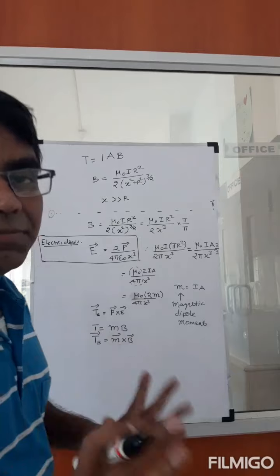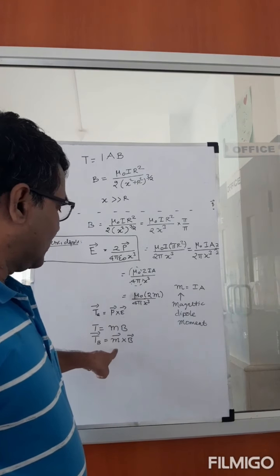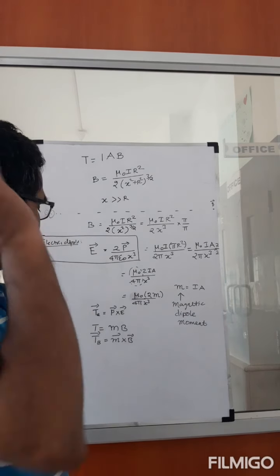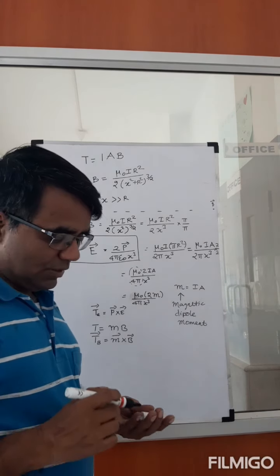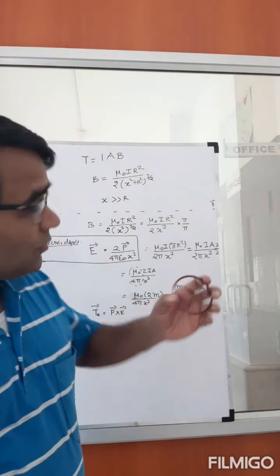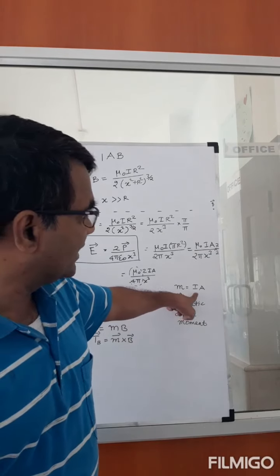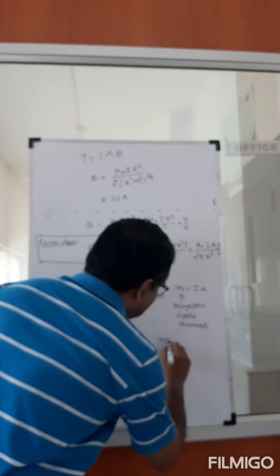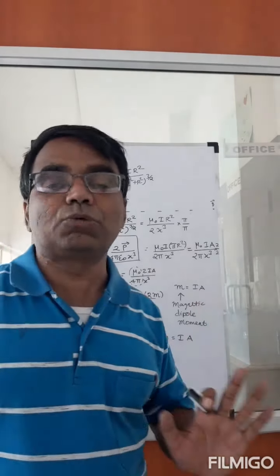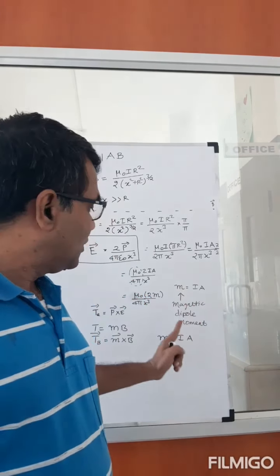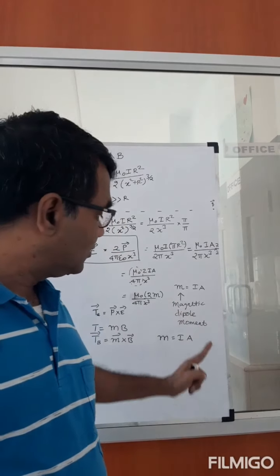You see, it's very similar. So P and M. But you need a direction for M. How do you assign the direction? I have M equal to IA. Current is not a vector quantity, so I cannot assign a direction to current, but I can assign a direction to the area.